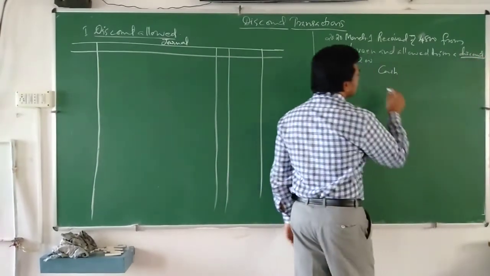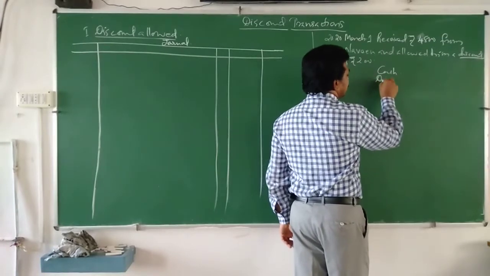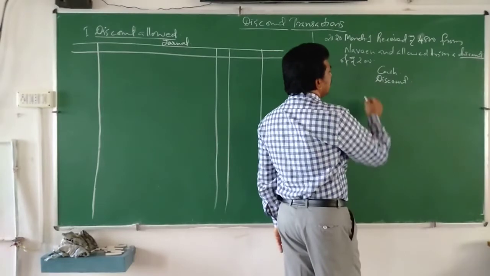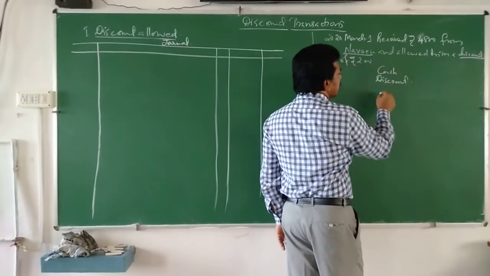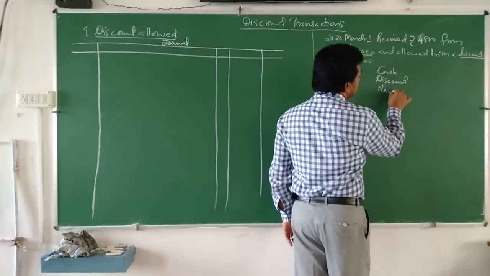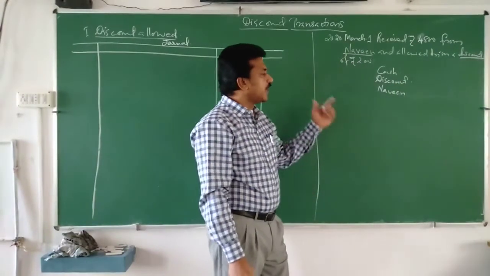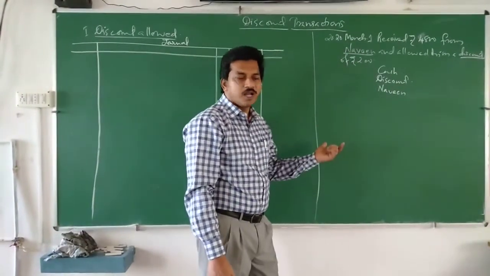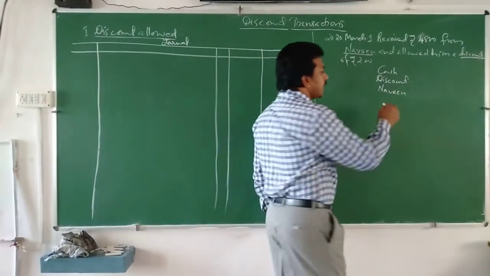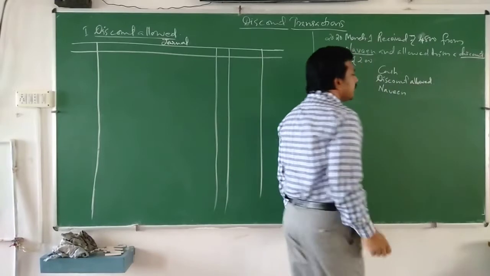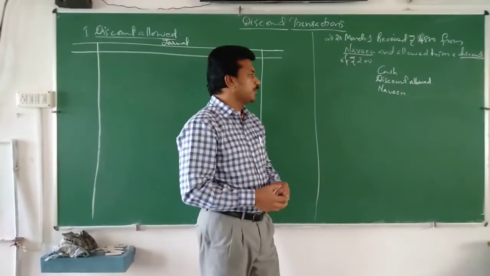Discount can be considered as another aspect. And who gave that? Naveen gave. So three aspects are there: cash received, discount allowed and Naveen. We can write it as it is, discount allowed.